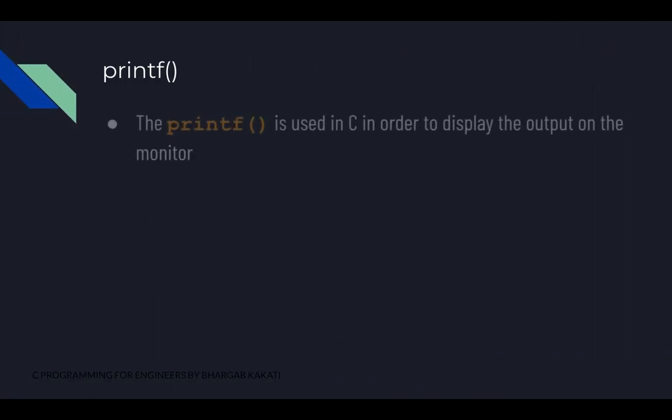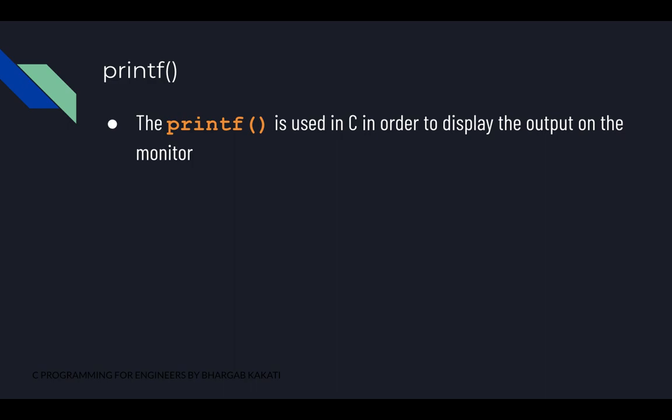Next is printf. The printf is used in C in order to display the output on the monitor. So if you want to display something on the monitor, you need to use the function called printf.